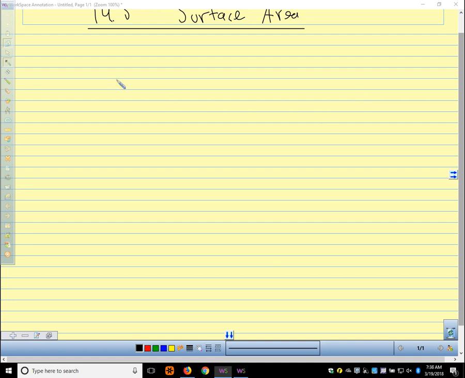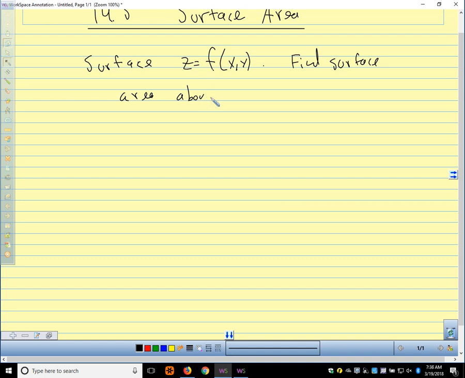So what we want to do is we have a surface, z equals f of x y. Whoops, z equals f of x y. And we want to find the surface area that's above a region R in the xy plane.